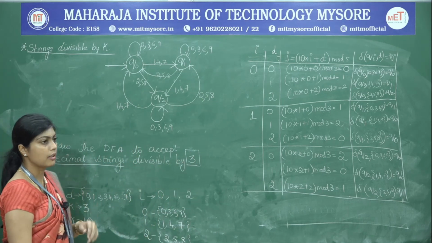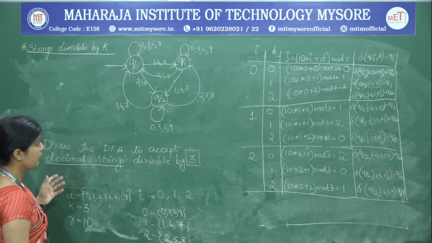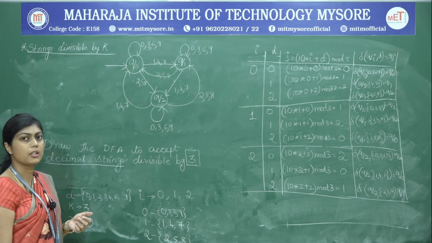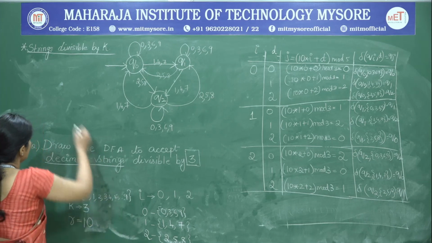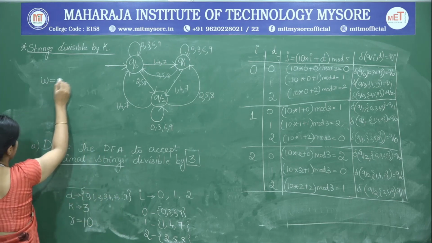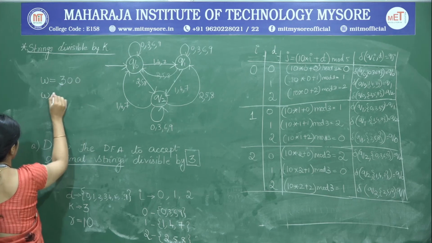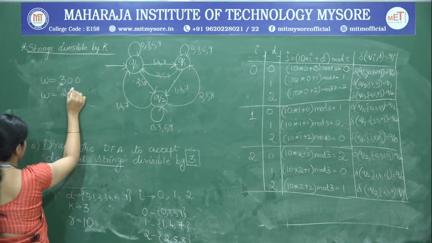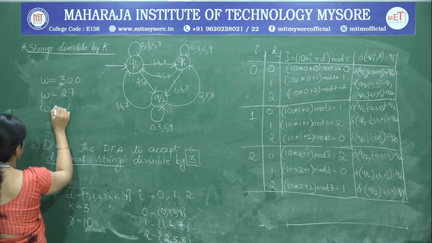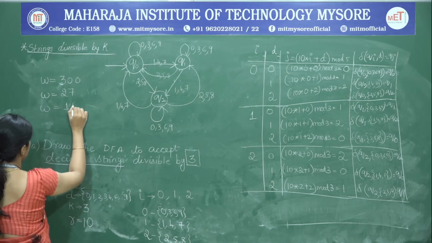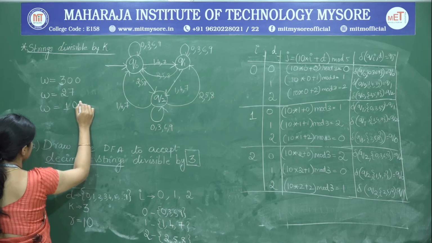So we will pick a few strings and find out if the DFA is actually accepting all the numbers which are divisible by 3. So we will take w equal to 300, w equal to 27, and also w equal to 103.